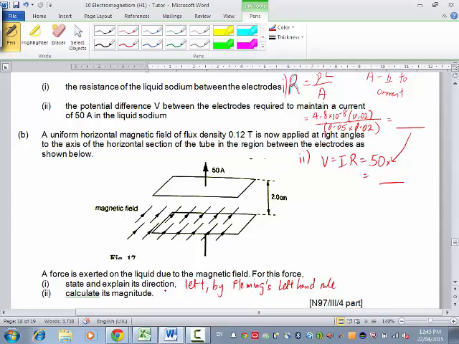Calculate the magnitude. The B times the I that was found just now times the L. The I was found in part A, part 2 already.